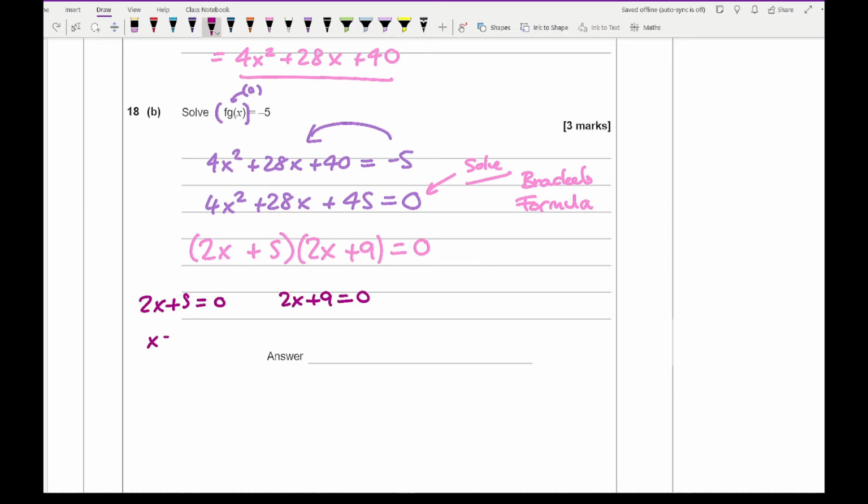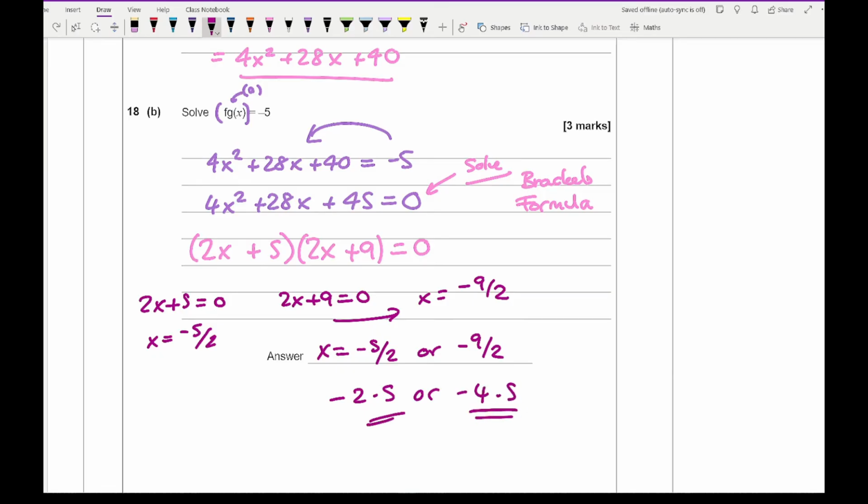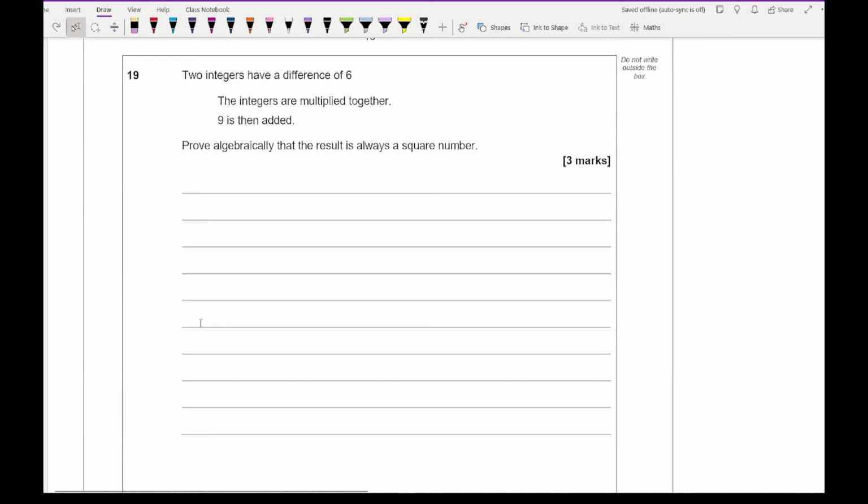Solving this, we get x equals minus 5 over 2, and solving this, we get x equals minus 9 over 2. So either we get an answer of minus 5 over 2 or minus 9 over 2, or you could write it as a decimal of minus 2.5 or minus 4.5. Any of those answers would be absolutely fine for the full 3 marks of that particular question.